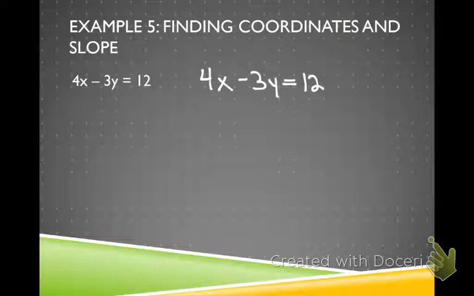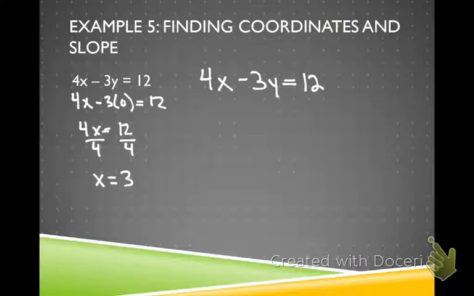All right, so finding my x-intercept first, 4x minus 3 times 0 equals 12. So 4x equals 12. Divide by 4. And x equals 3. I make that into an ordered pair. Did you do an ordered pair? So you have 3 and 0.